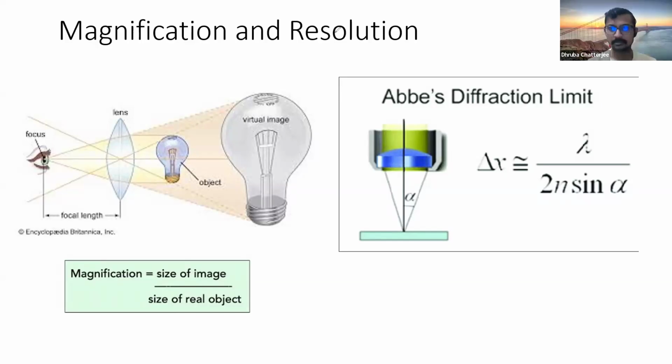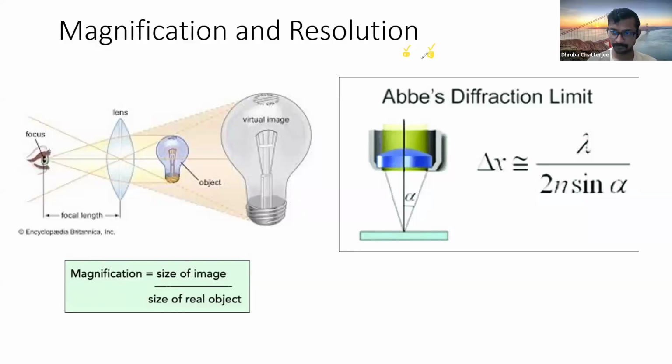Resolution is something which means, for example, you have two very closely spaced objects. Let's assume that these are two dots which are your objects, located very close to one another. Resolution means whether you are capable of distinguishing and observing these two objects as two individual objects or not. If you are capable of seeing these two objects as two different entities when you are magnifying, then you are capable of resolving.